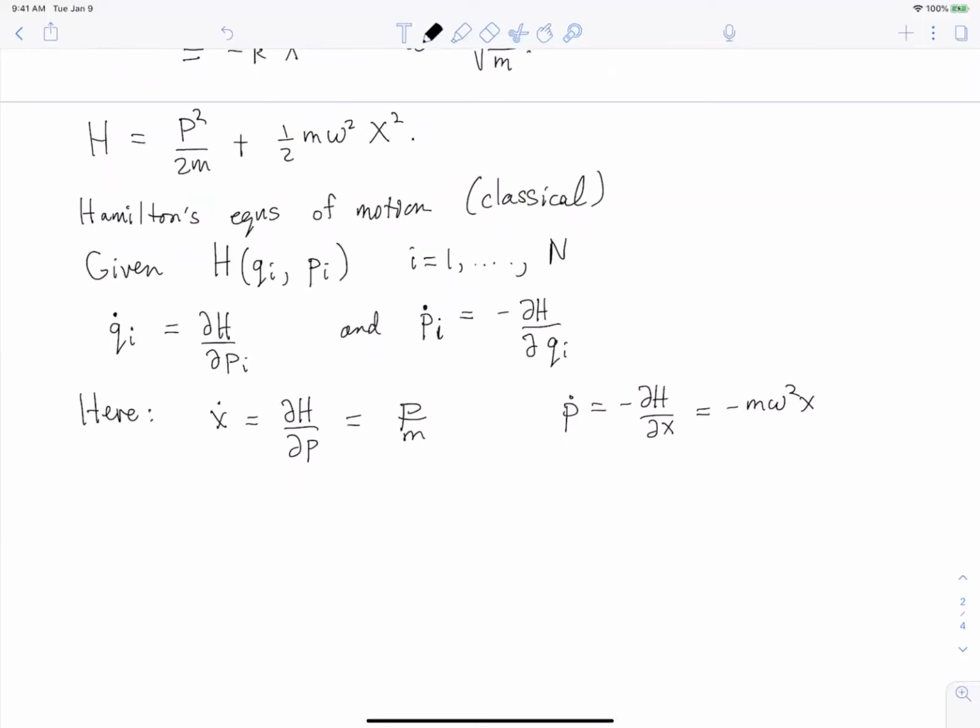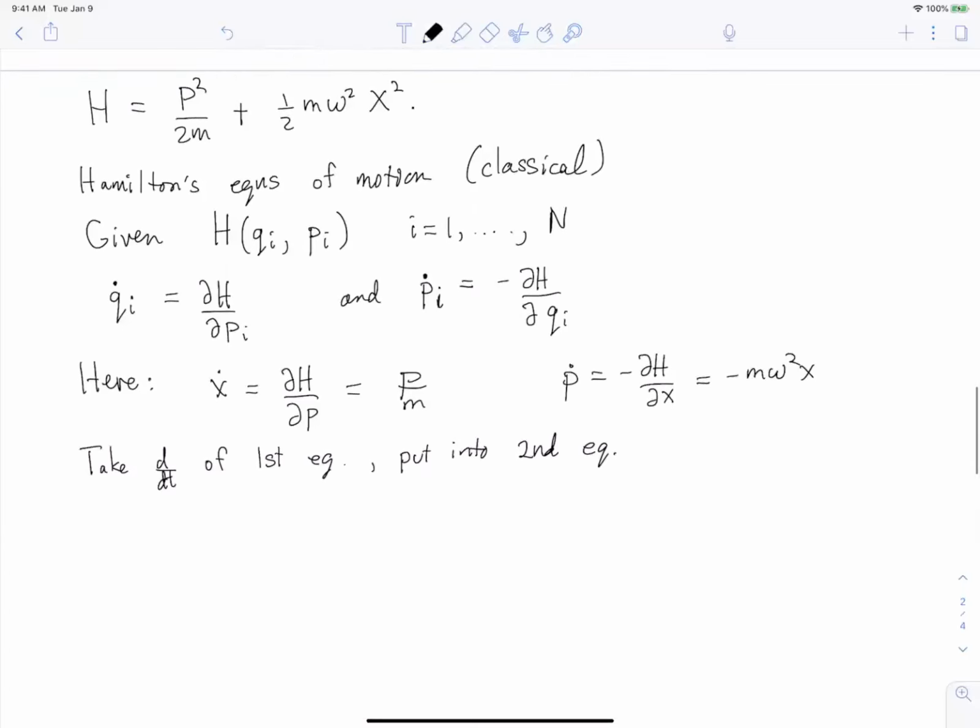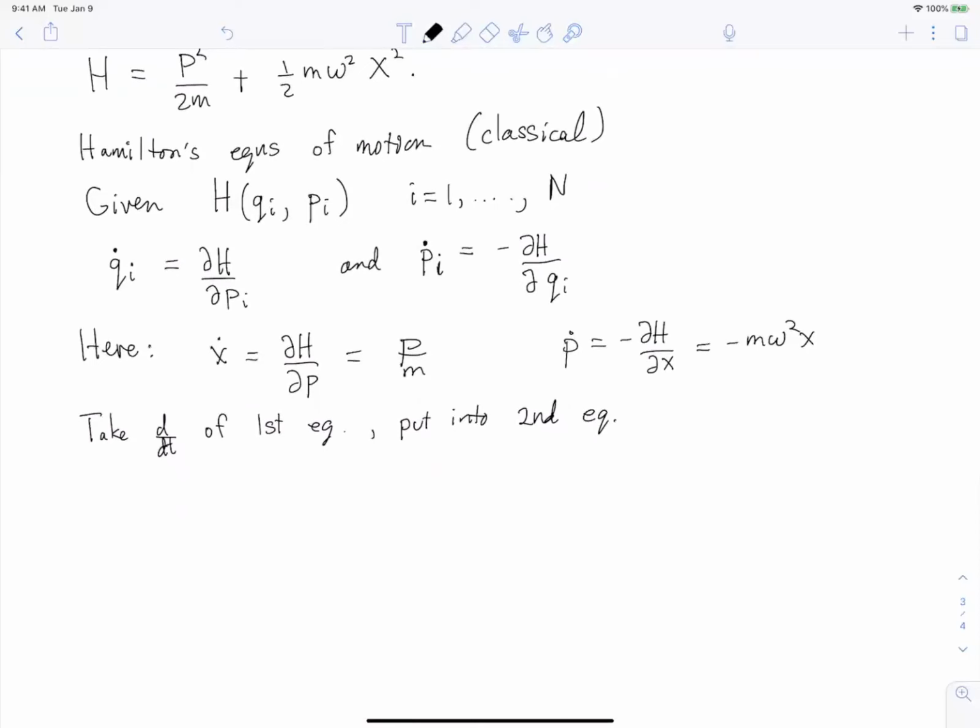If we take the time derivative of the first equation and put it into the second equation, then we're uncoupling the equations at the cost of making it one derivative higher. And so our equation becomes x double dot is minus omega squared x.